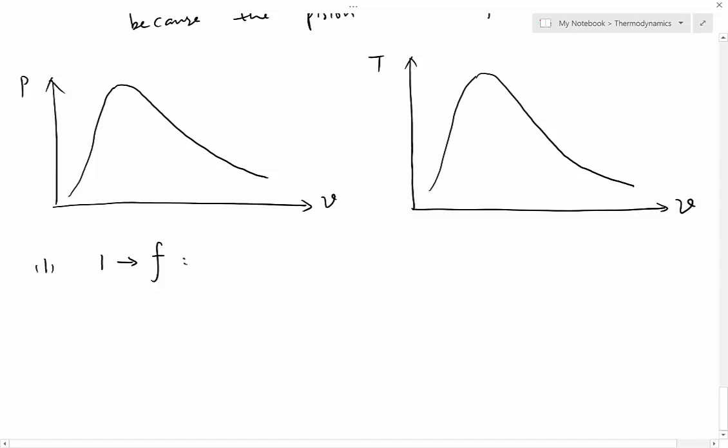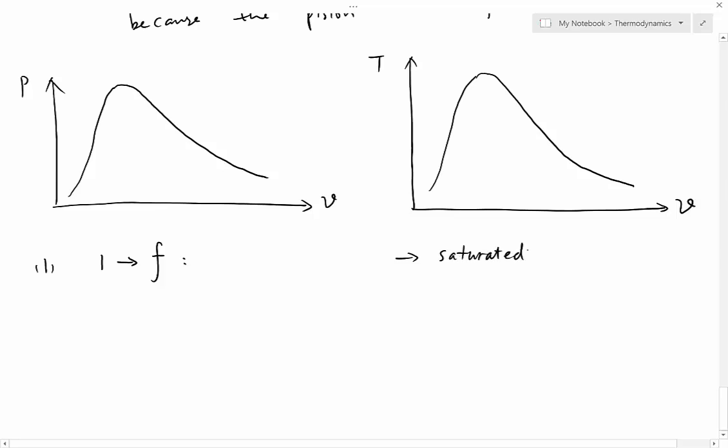Number one is tap water. Point F is the moment when it starts to vaporize. Do you remember the name we call F? It's the beginning of a phase change from liquid to vapor. It's called saturated liquid. Point F has a name which we introduced already.